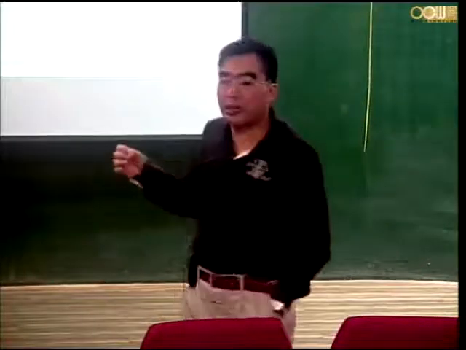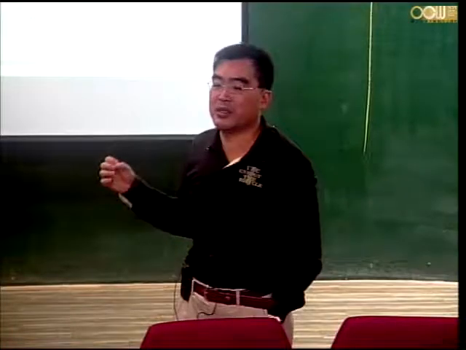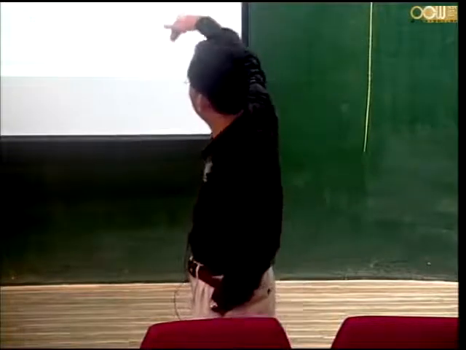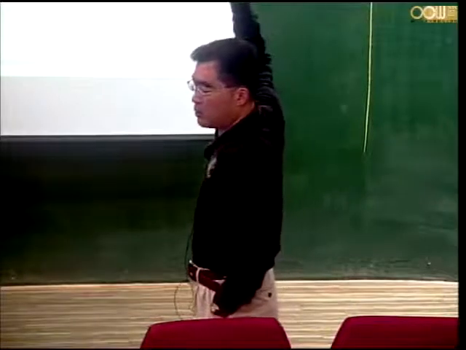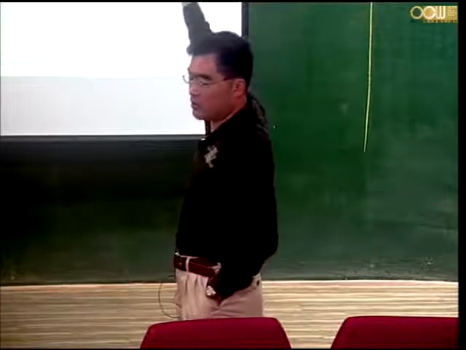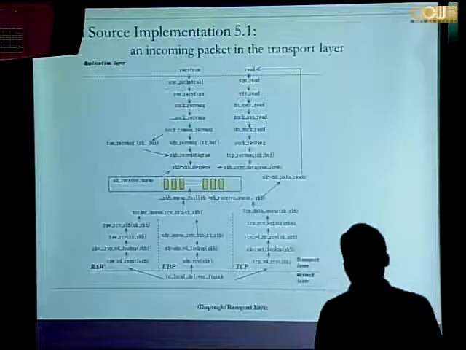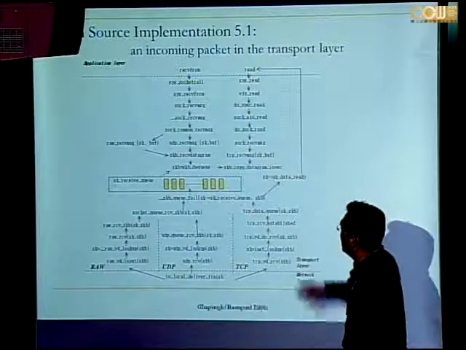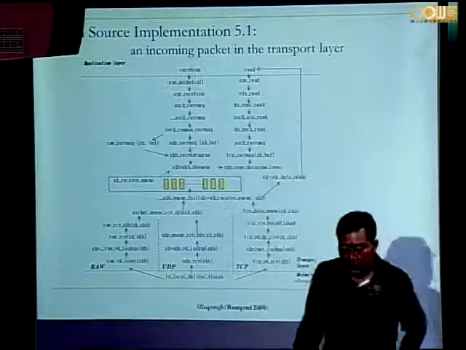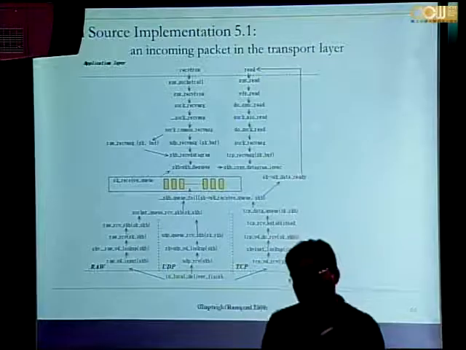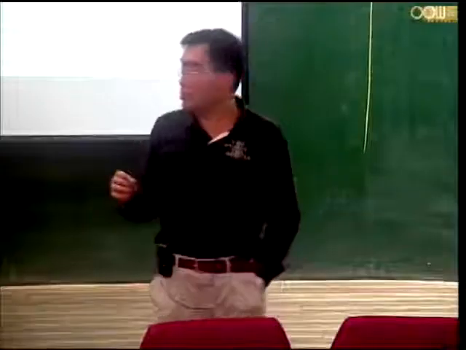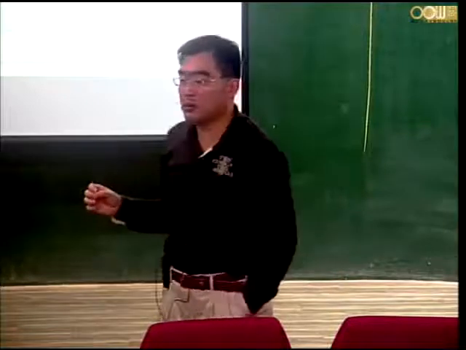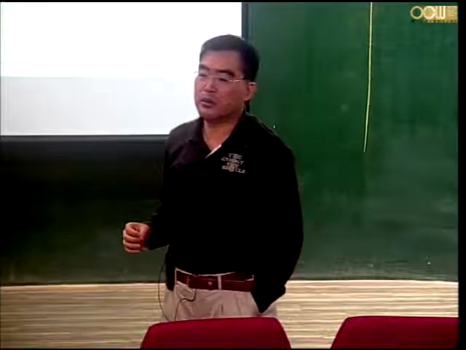Because they call a system call, it's calling down, and they want to grab the data within the kernel queue and copy it into the user space. So there is an actual packet copy from here to the user space. And once the copy is finished, the system call read or recvfrom will return.